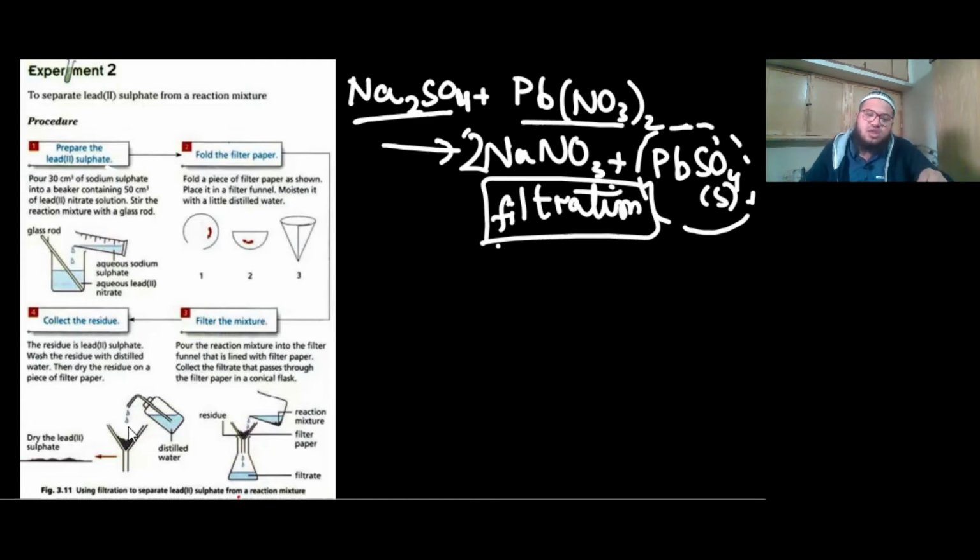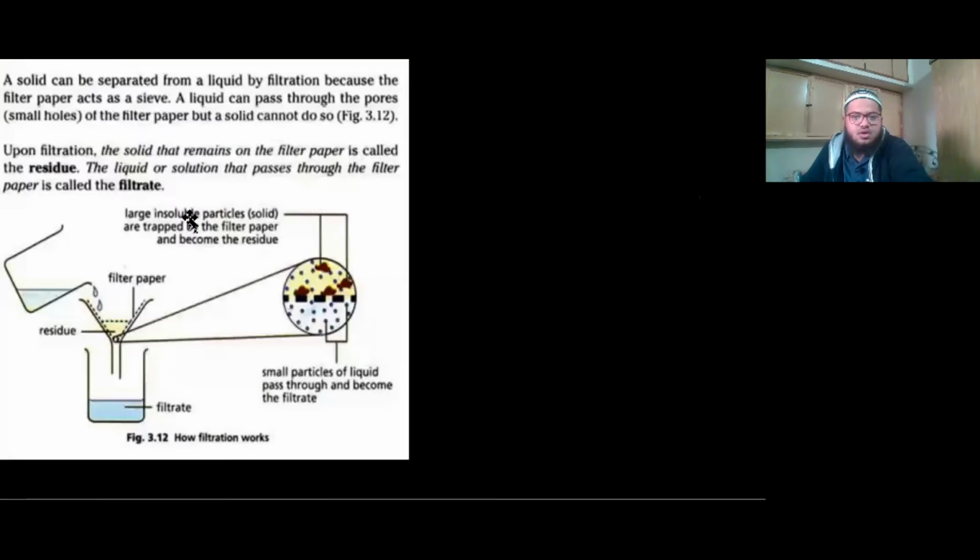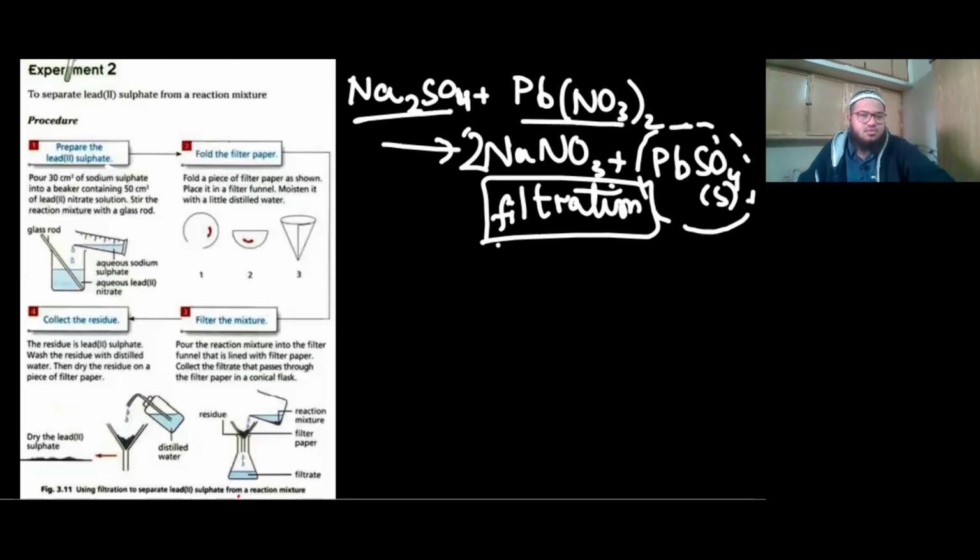You place the cone in the filter funnel. This is called a filter funnel right over here. Okay, you've placed a filter funnel. And now the third step is right over here. Let me zoom in.